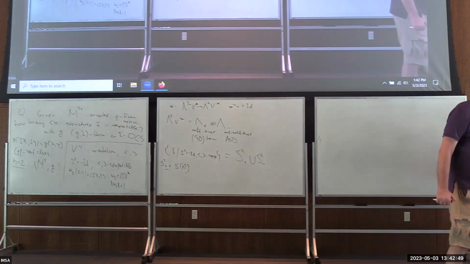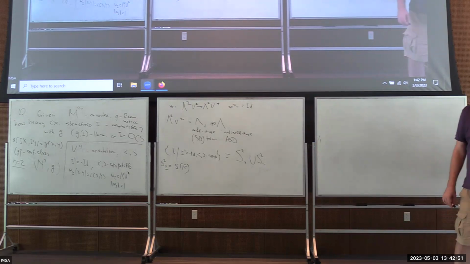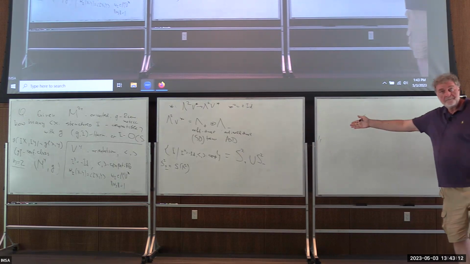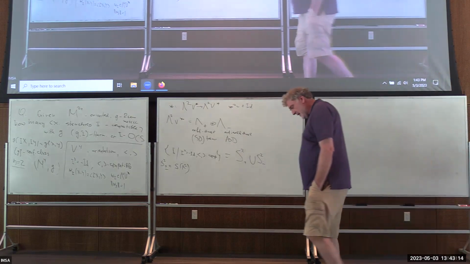If you complexify the metric, this means one has a complex quadric in a 4-dimensional complex space. A compatible complex structure corresponds to a 2-dimensional linear subspace sitting inside this quadric.